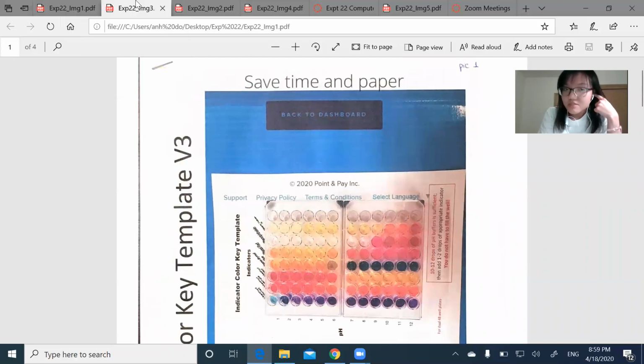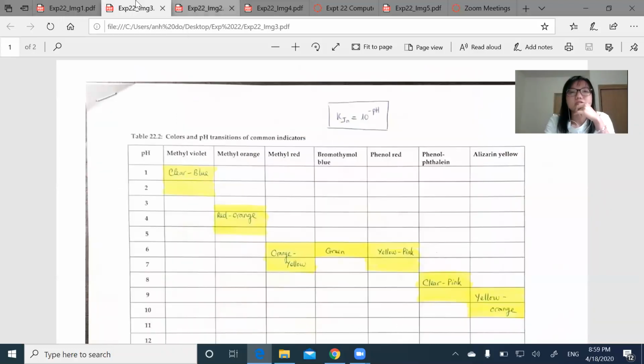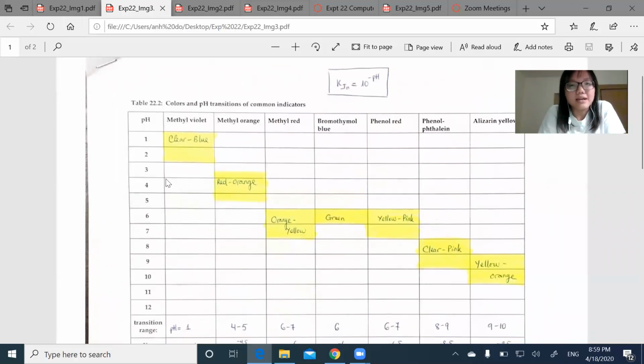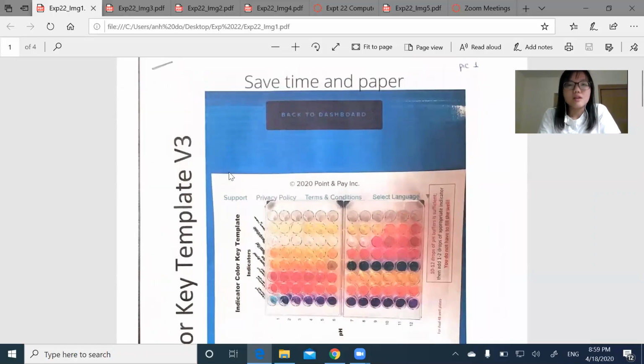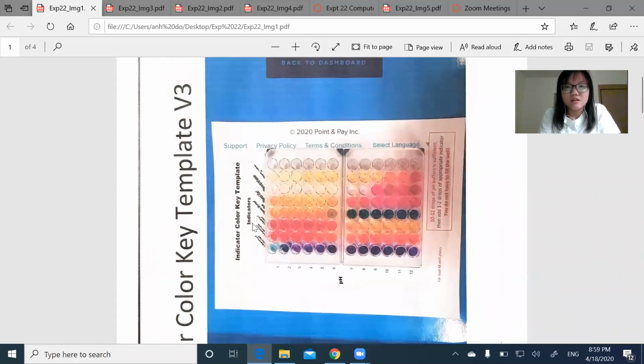Let me jump into the very first part of the data collection. This is the first table you have to fill out. It is just you looking at this very first picture. The stockroom people have done us such a big favor and tested 7 indicators across pH 1 to pH 12.